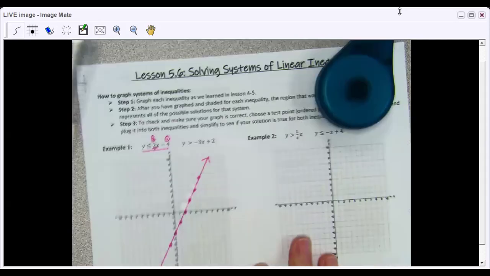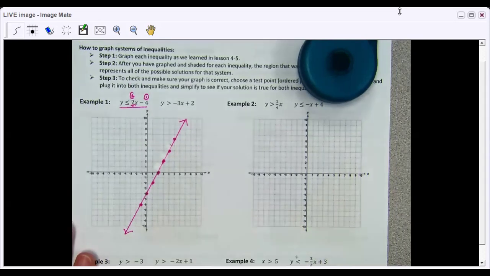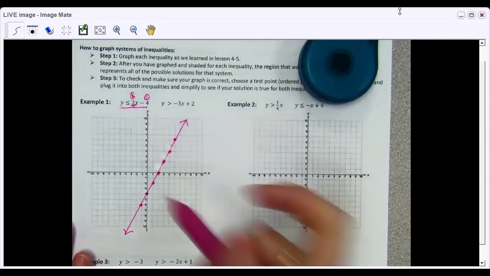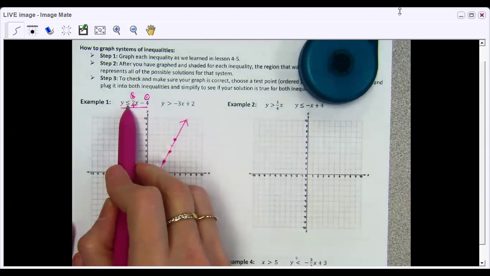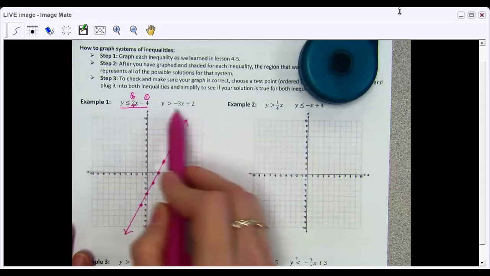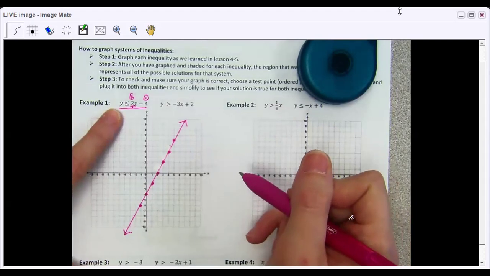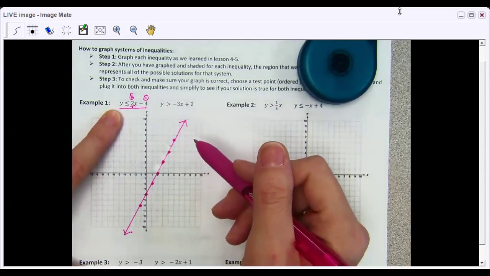Okay. Now, remember with inequalities, we are also shading. There's a line right here underneath the inequality, which means this is less than or equal to, really. This one over here is just greater than. So because it's less than, that means we need to shade in the less than direction.